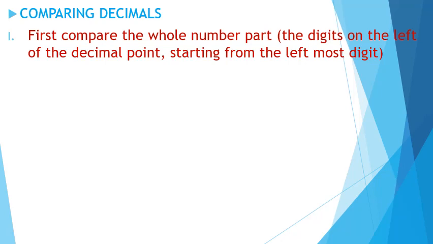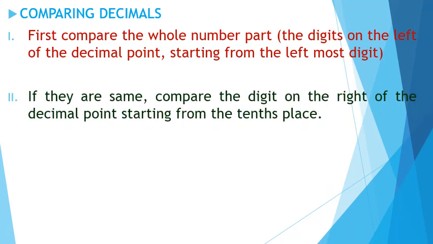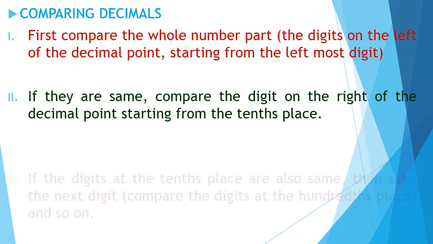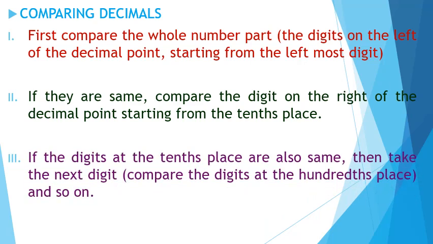If the whole number parts are same, then compare the digit on the right of the decimal point starting from the tenth place. If the digits at the tenth place are also same, then take the next digit. Compare the digits at the hundredth place and so on. We can see it with an example.